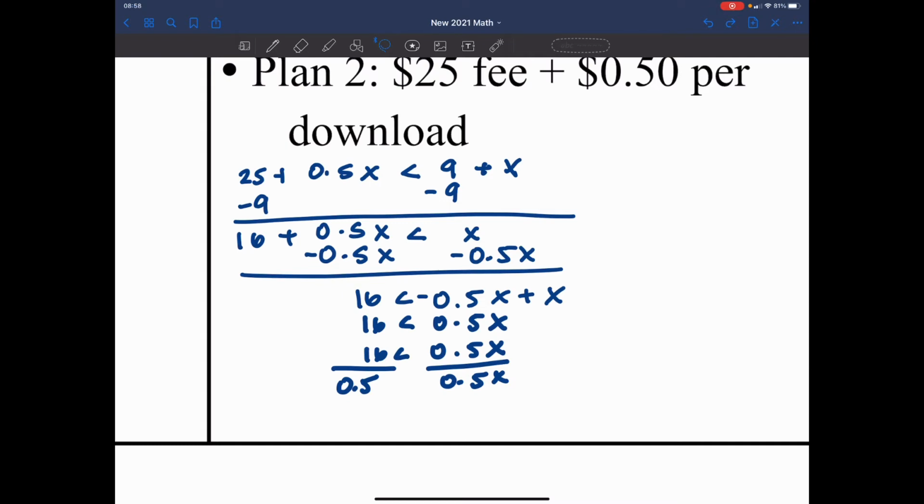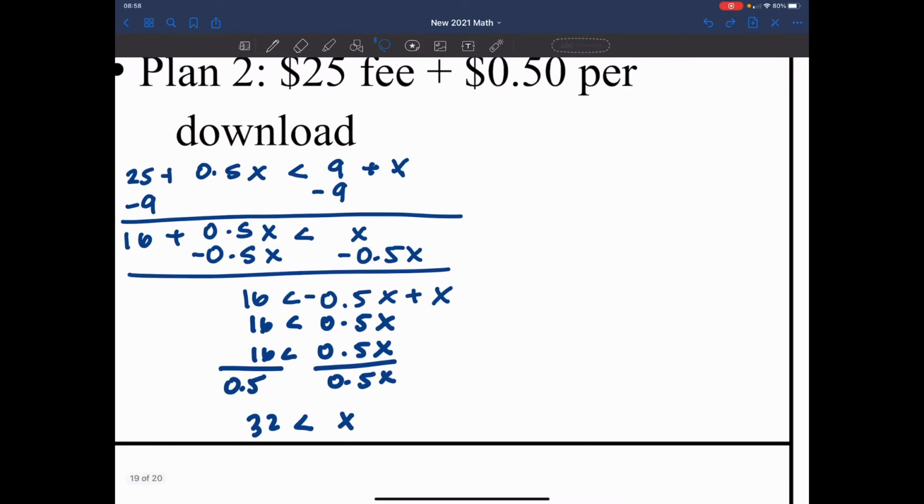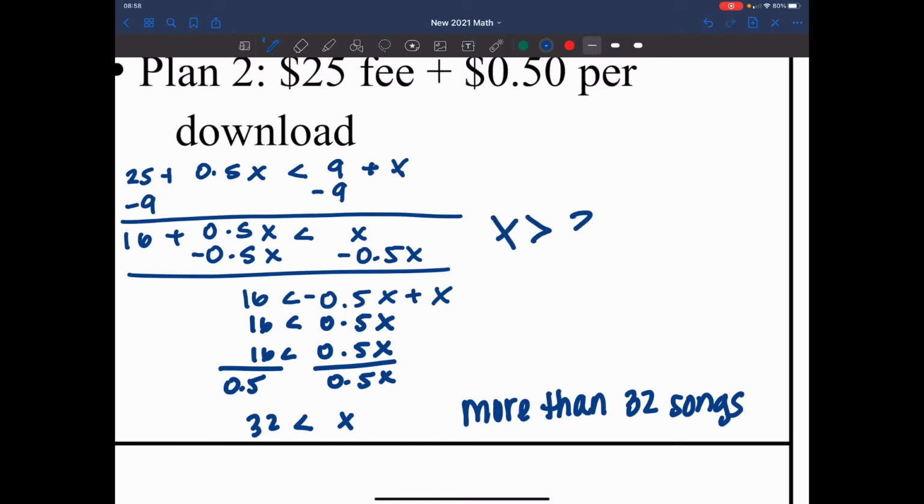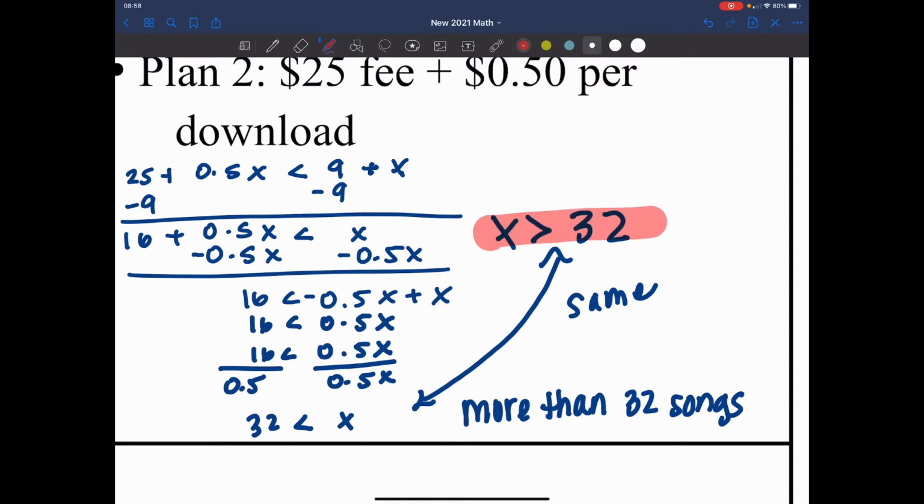So 16 divided by 0.5 is less than 0.5x divided by 0.5. So 32 is going to be less than x, which means that you need to buy more than 32 songs, because I can always write this as x is greater than 32. So you need to know that those two are the same. Okay, let me highlight it. So this is the same as that.